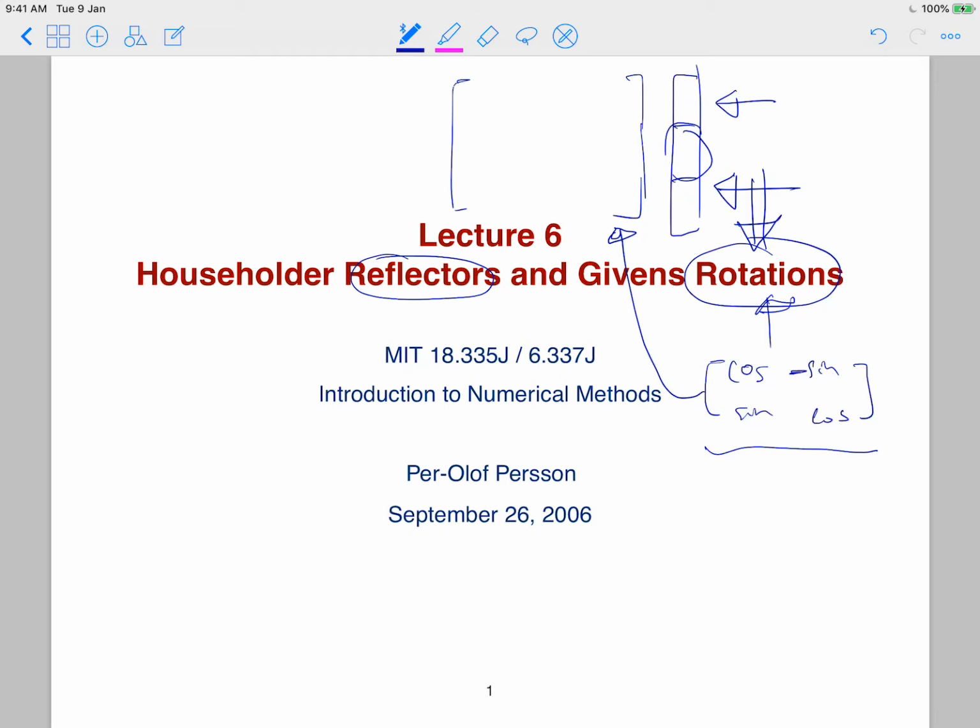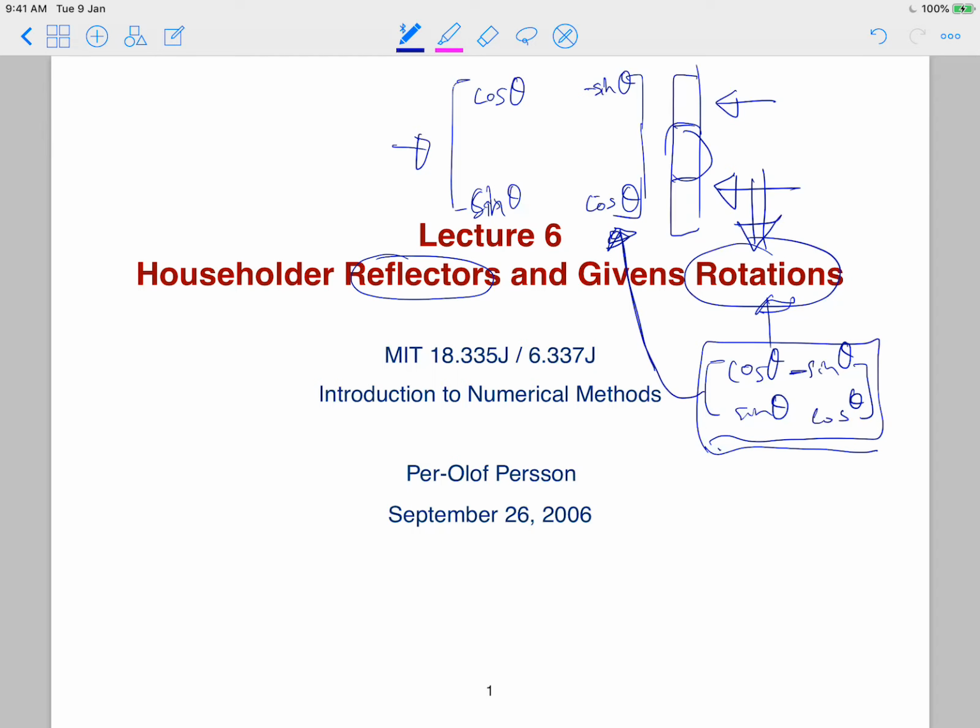How can we build such a matrix that only applies the rotation on the first and the third dimension? In this case, we embed the two-dimensional rotation matrix into this higher-dimensional matrix, where we put cosine theta, sine theta, sine theta, and cosine theta in the corresponding dimensions.